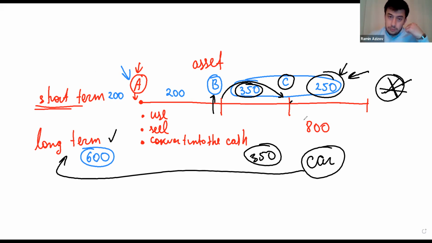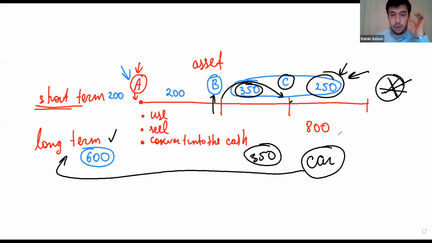When you are trying to buy a car and your intention is to use that car for more than 1 year, one accounting period, your intention allows you to classify that car as a long-term asset.